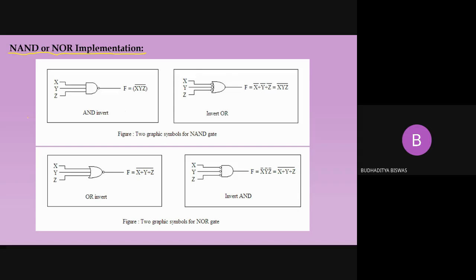Once you know the procedure, whatever the expression or circuit, full adder, half adder, full subtractor, half subtractor, you can easily do it using only NAND gates or only NOR gates. So one procedure is there. You need to know the procedure, and I will start the class again at 3:45.